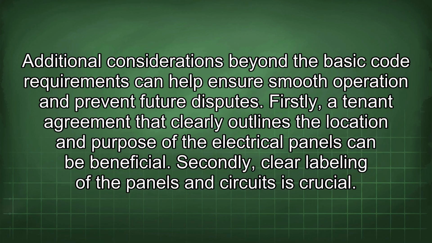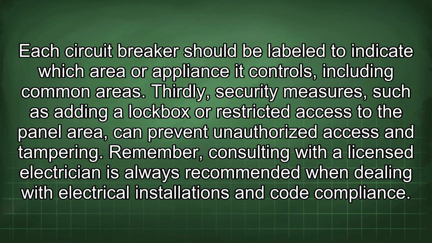Additional considerations beyond the basic code requirements can help ensure smooth operation and prevent future disputes. Firstly, a tenant agreement that clearly outlines the location and purpose of the electrical panels can be beneficial. Secondly, clear labeling of the panels and circuits is crucial. Each circuit breaker should be labeled to indicate which area or appliance it controls, including common areas.